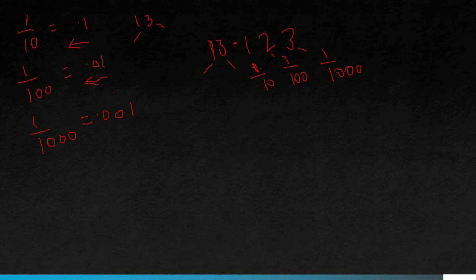Our next topic is how we can represent a decimal number on a given number line. Let's say, for an example, we have one number line, and we have to represent some number.